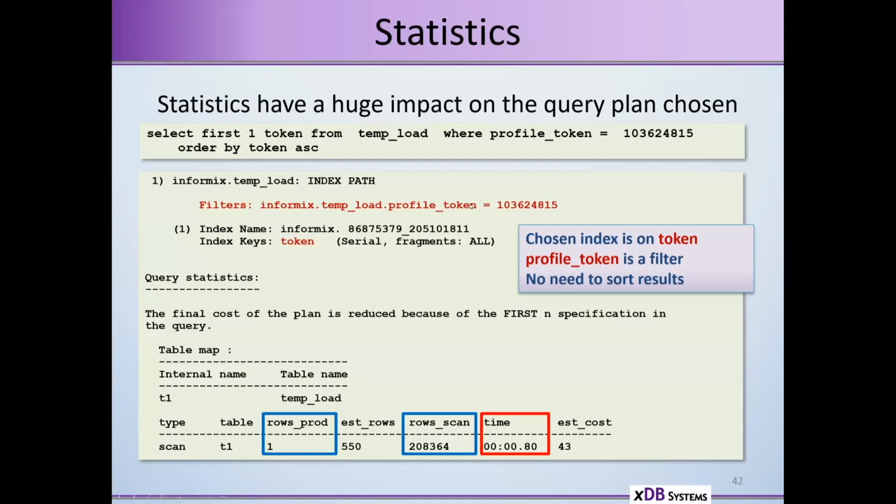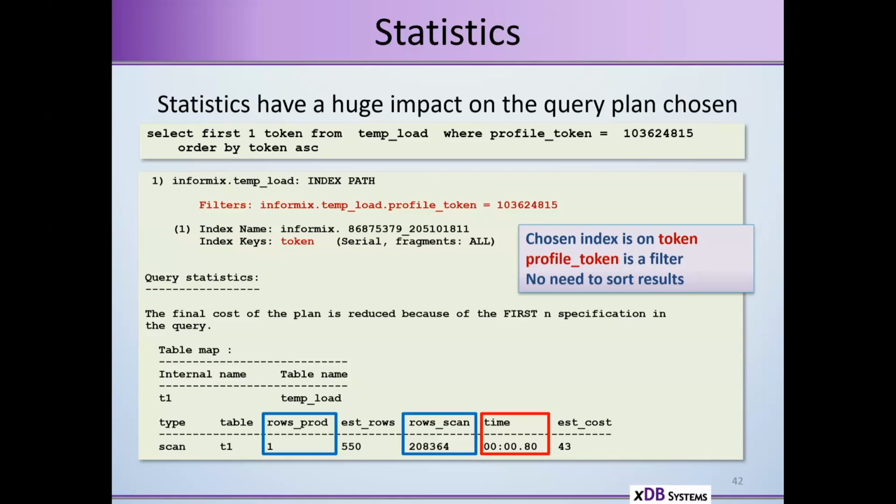But what the optimizer decided to do was, it knew there was overhead in creating a temporary table for the order by. So it said, you've got an order by on this token column, and you only want the first value found, so I'm just going to read that index because I know it's already sorted, until I find a matching value for your profile token, and then I'll be done.